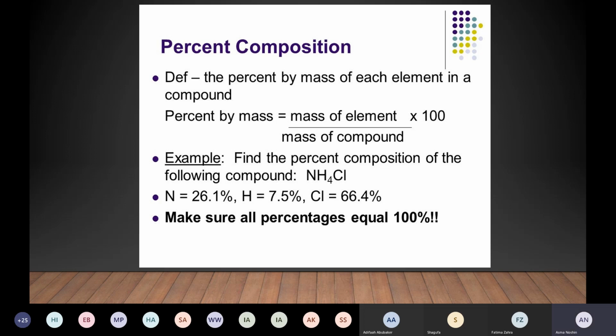Okay, Sophia, you are asking from where 53 came? See, the mass of nitrogen from the periodic table is 14. Write in your notebook, then you will find how 53 is coming. The mass of nitrogen from the periodic table is 14. Then the mass of hydrogen from the periodic table is 1.